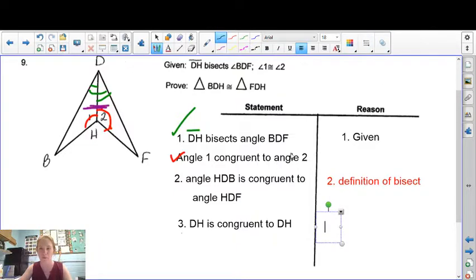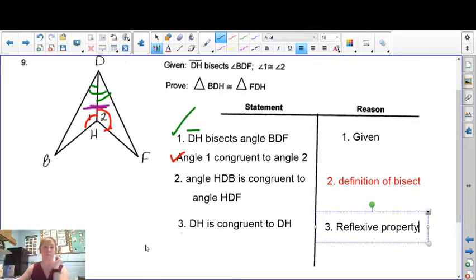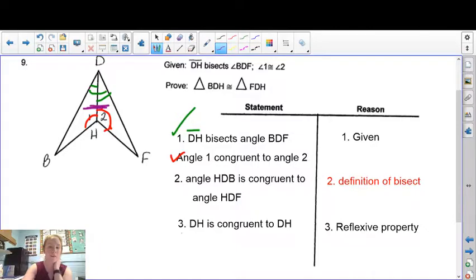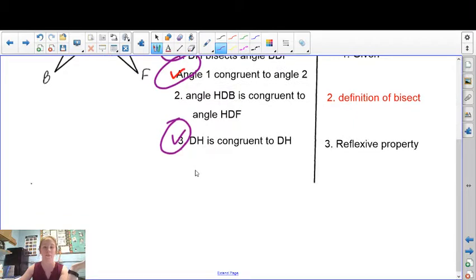It's the reflexive property. Okay, let's look. I have one angle in green, I have a side in purple, and I have another angle in red. We have angle, side, angle.